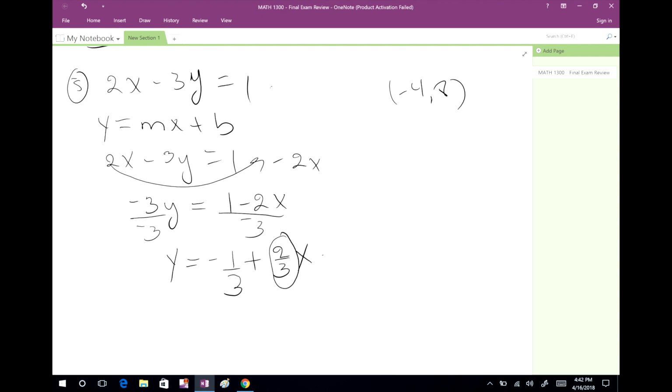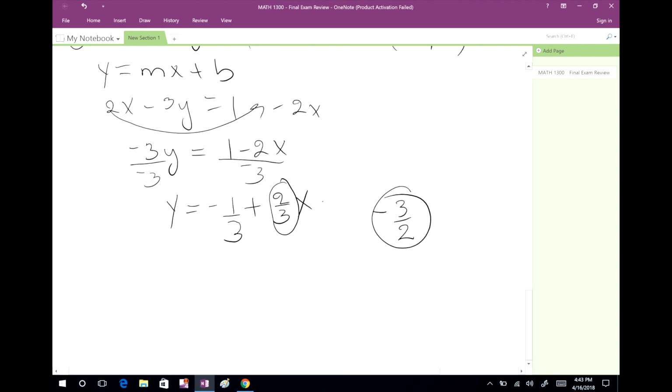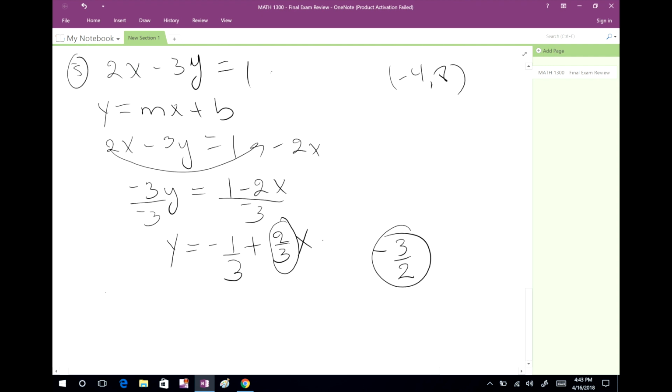But I'm looking for an equation of a line that is perpendicular. Two lines are perpendicular if their slopes are negative reciprocals of each other. So in this case, the slope is 2 over 3, and perpendicular to this would be negative 3 over 2. Right? So I'm going to use that negative 3 over 2 as my m, because it is perpendicular to the line with a slope of 2 over 3.